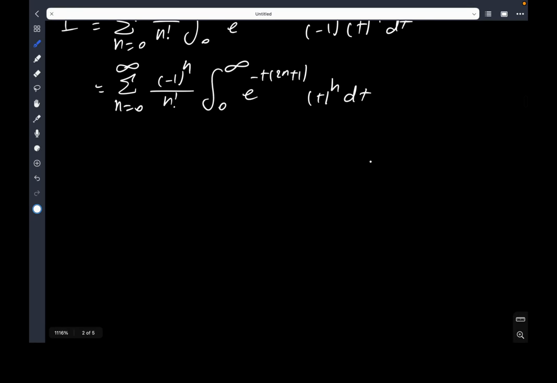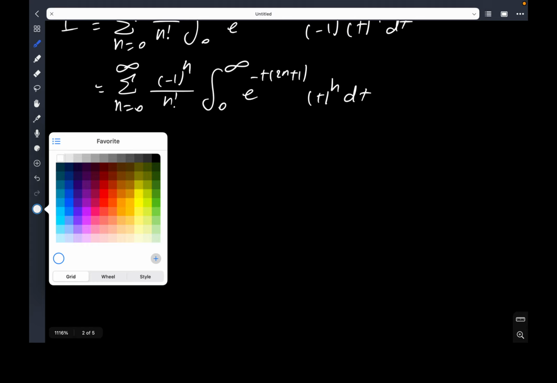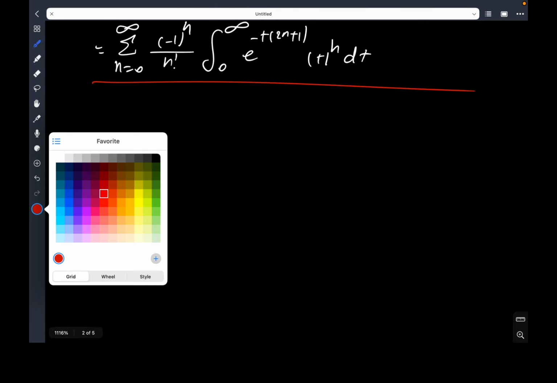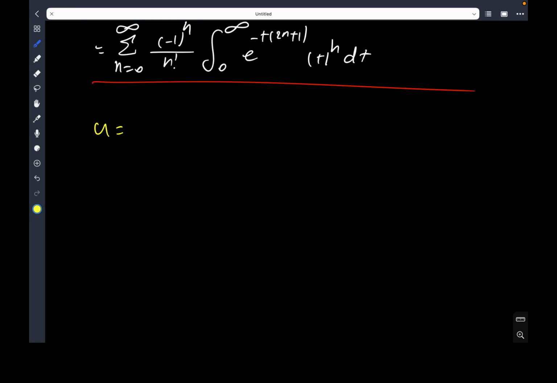Here I can use another variable substitution. I say u equals t times 2n plus 1, thus t equals u over 2n plus 1, and dt equals du over 2n plus 1. The bounds stay the same.